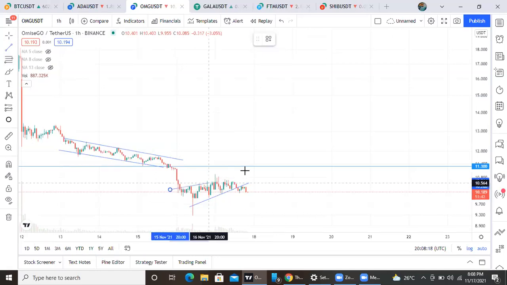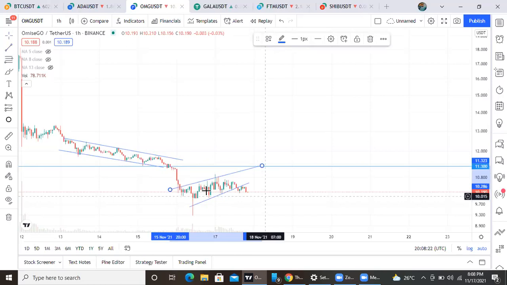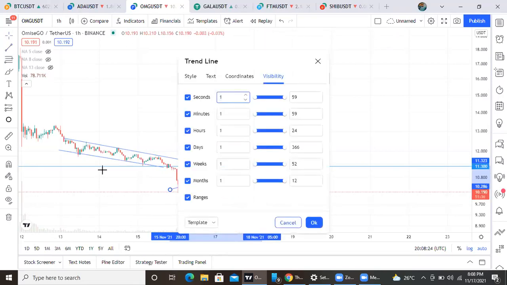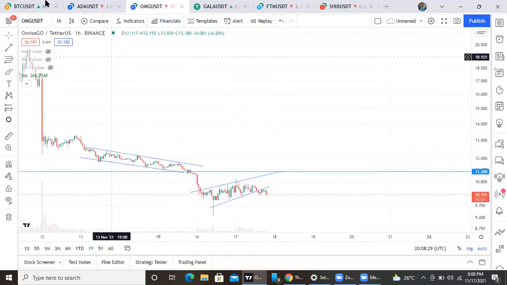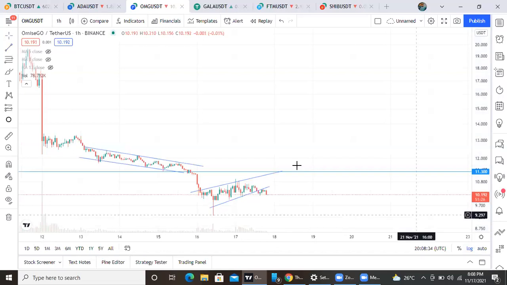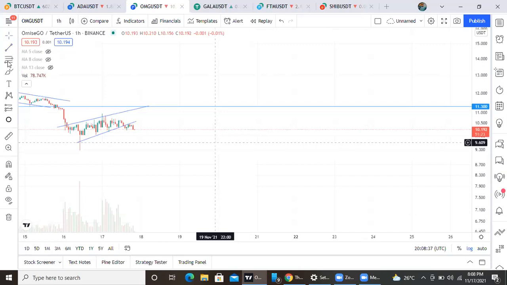Head and shoulder pattern. This is how it used to look.